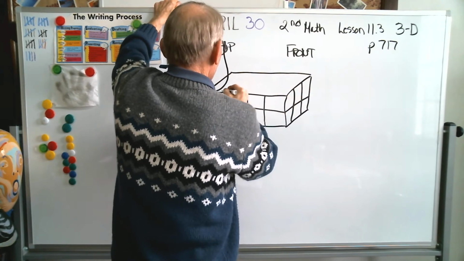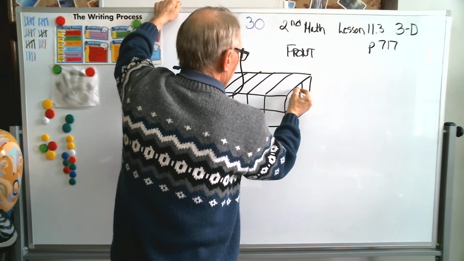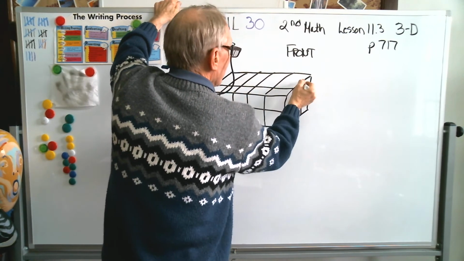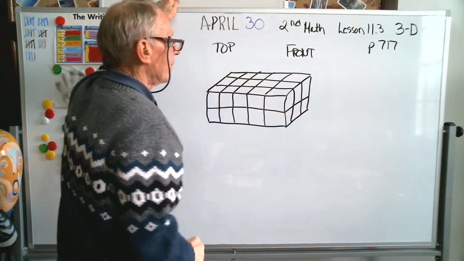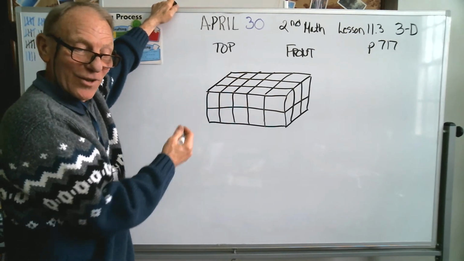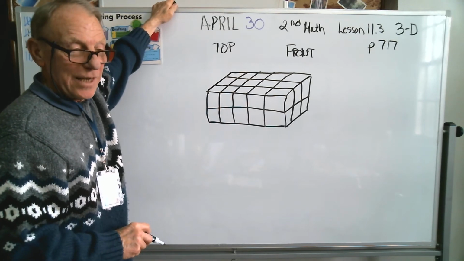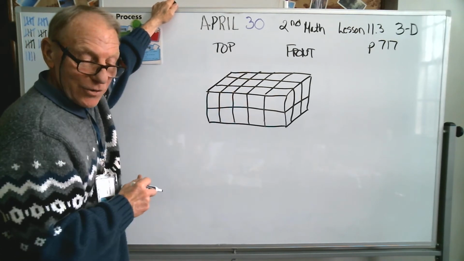The top view is going to be the 5 here, and that's what you end up with, a pile of blocks that looks like that. If you took those 3 shaded areas and actually made it into a picture.